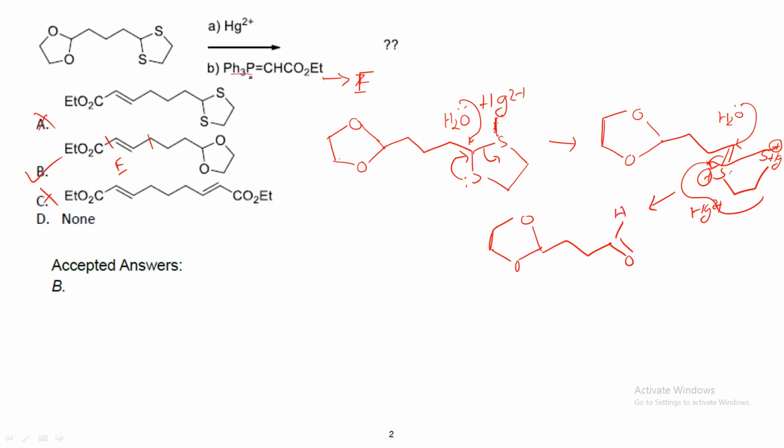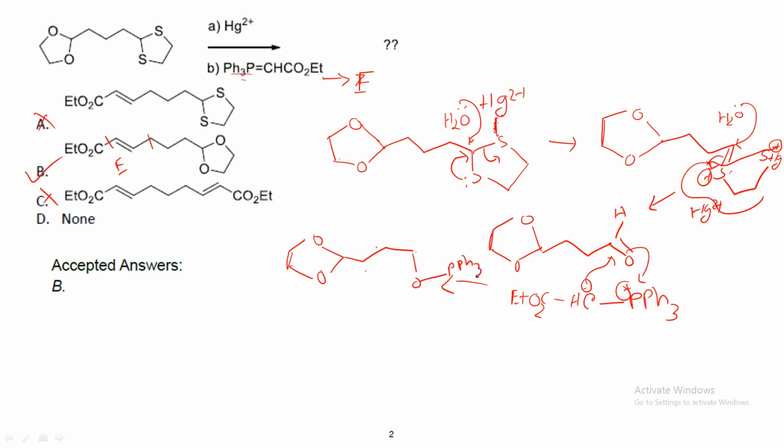Now this is our Wittig. So we will do the normal Wittig chemistry now. So this is the reactive form of this type of phosphorus, this type of halides. Now this attack followed by this attack. So this type of thing would be forming.